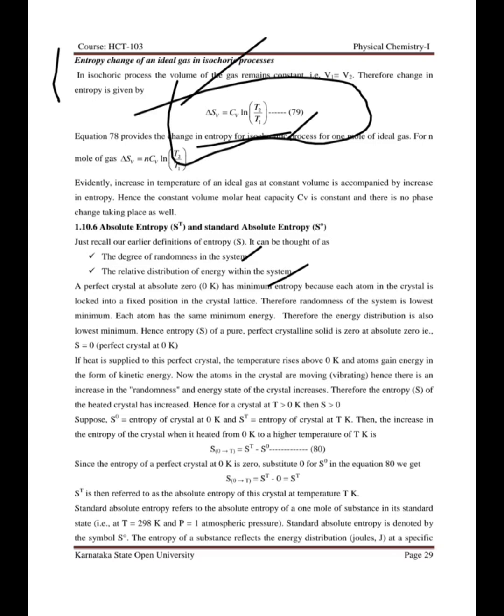So if no temperature is given, there will be no randomness of the atoms taking place. That is the example given here. The randomness of the system is lowest at the minimum. So the perfect crystalline solid has zero entropy at absolute zero. That is what they explained.